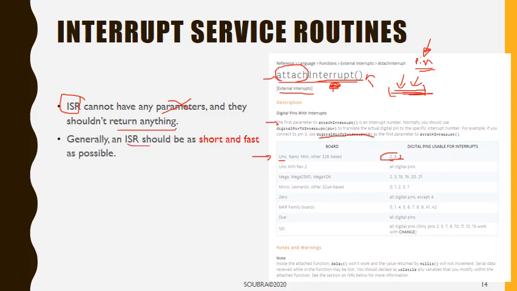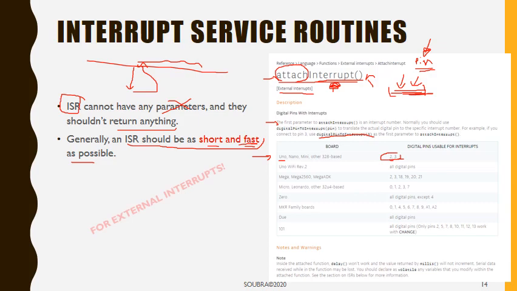This is why it should be as short and as fast as possible, because remember, the whole idea of the interrupt is to deal with it and then resume whatever execution we did before. So we need to be extremely fast, the shortest, the fastest. Fair enough? And this is what we're talking about: we're attaching to listen to generated interrupts from sensors, so from outside of our system.